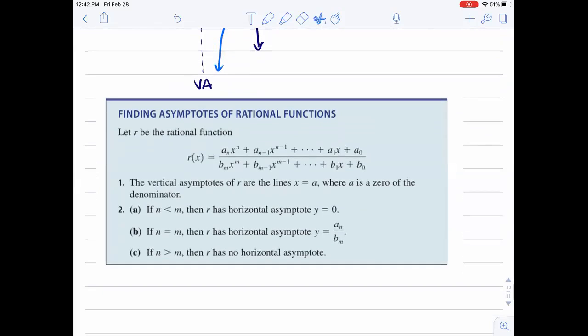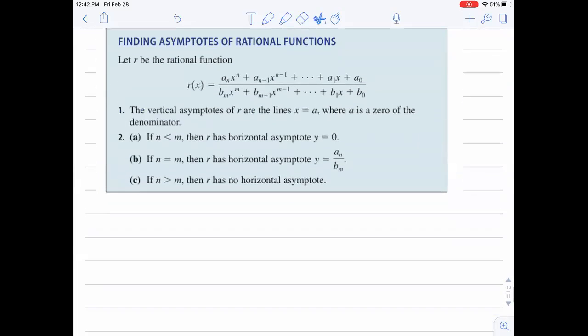Or another option, if n is equal to m, meaning we have the same degree up top as we do on the bottom, then we have a horizontal asymptote at a/b, the coefficients in front. We can just ignore everything else and look at a/b, and then our graph will be shifted up or down a little bit to a/b.